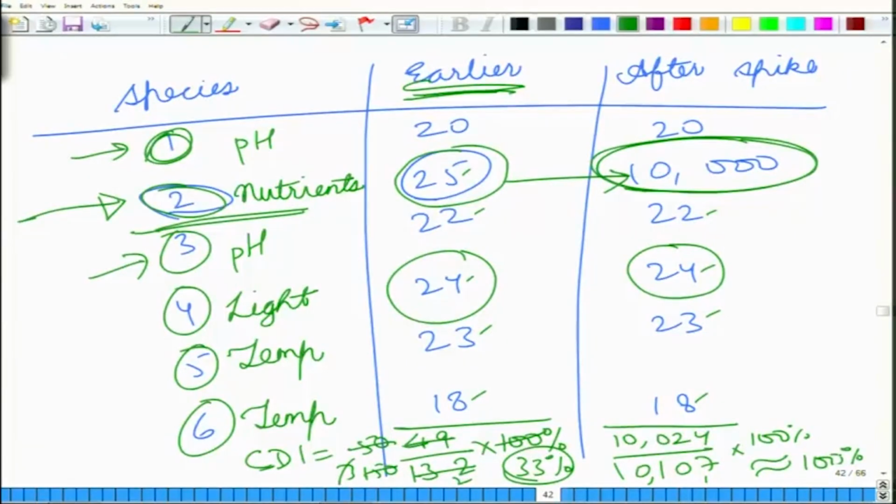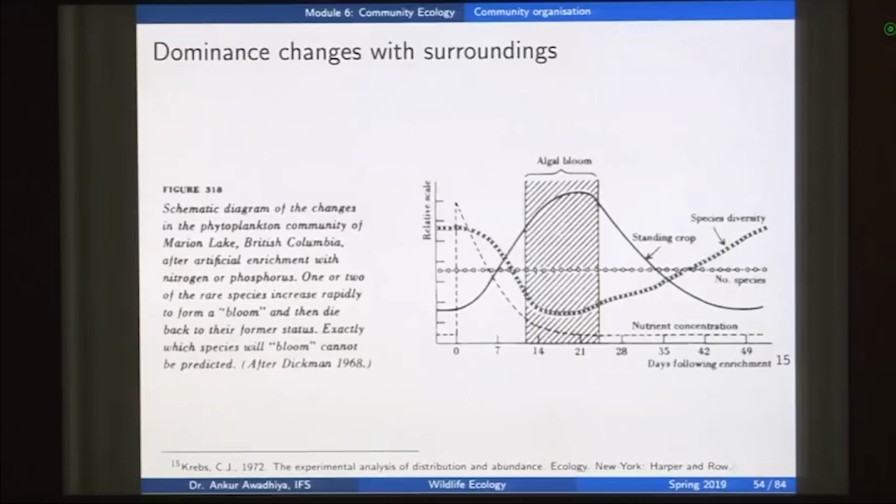So the community dominance index shifted from 33% to 100% just because of some changes in the surroundings. So the dominance changes with the changes in the surroundings.